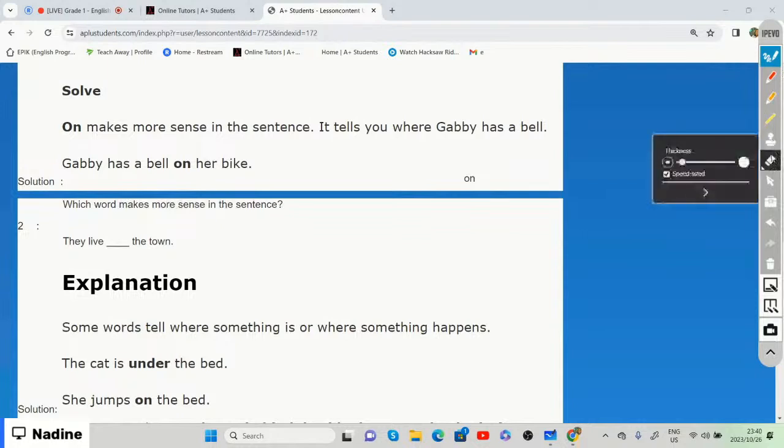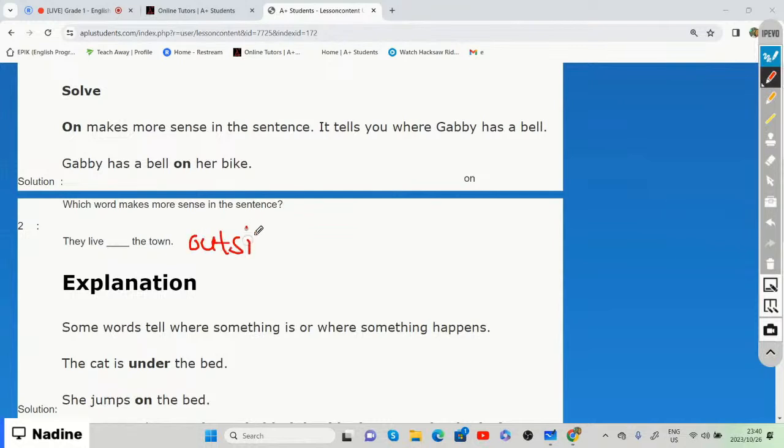So they live outside the town. So outside of town.